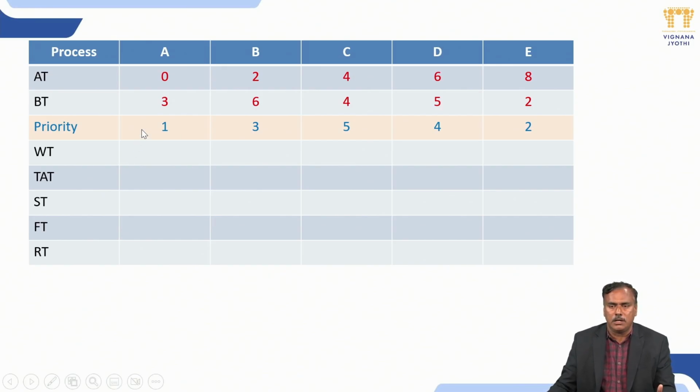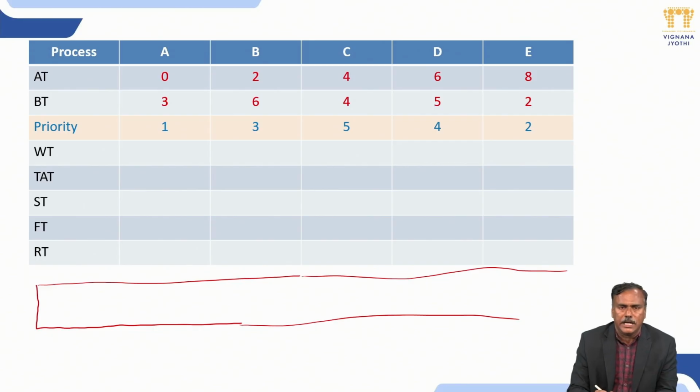Priority, rank or precedence, all are the same. Suppose you have these 5 processes and you are given the arrival time, burst time and the priority of each of these 5 processes. Then using this non-preemptive priority scheduling technique, how these processes are going to get executed can be shown by the Gantt chart.